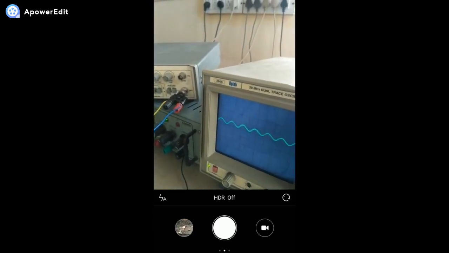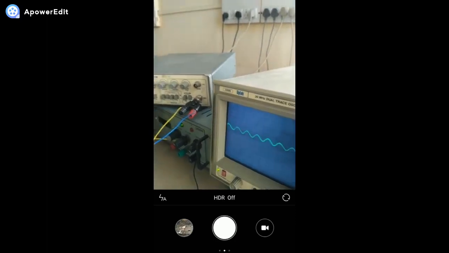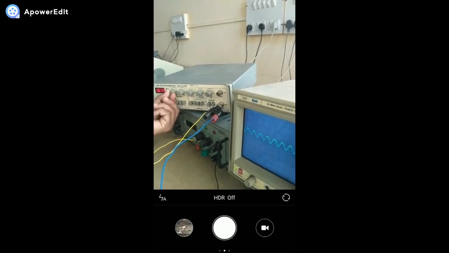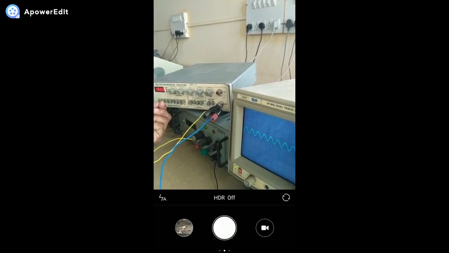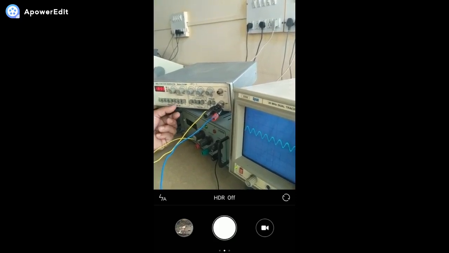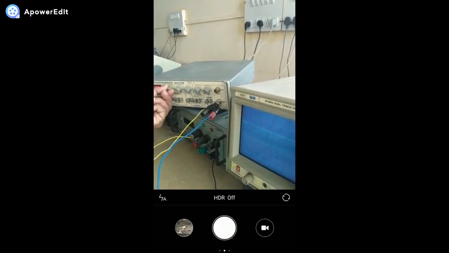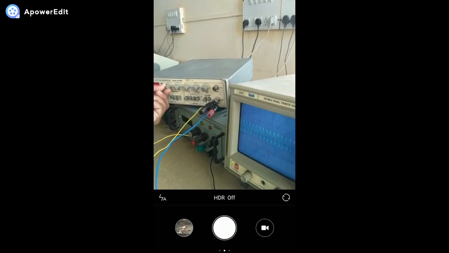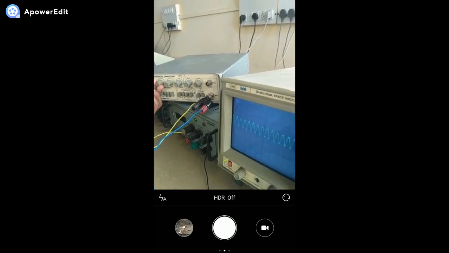As the frequency is varying, the output is also varying. 3 kilohertz. As the frequency is varying, the amplitude of that particular output signal is also varying.